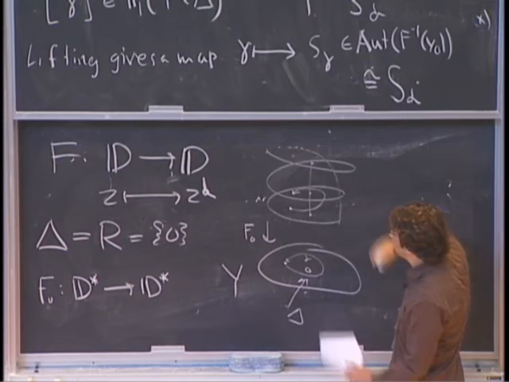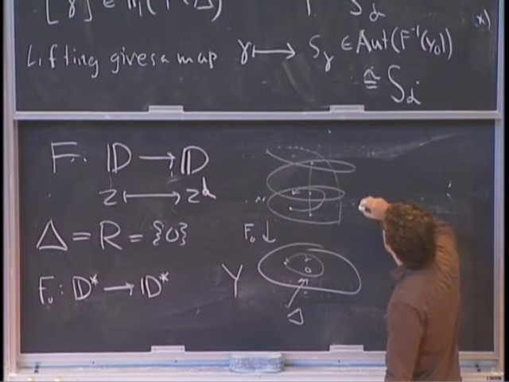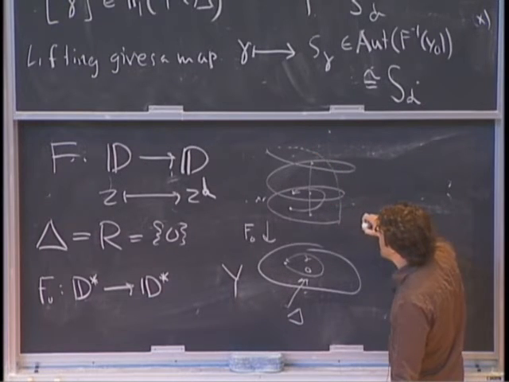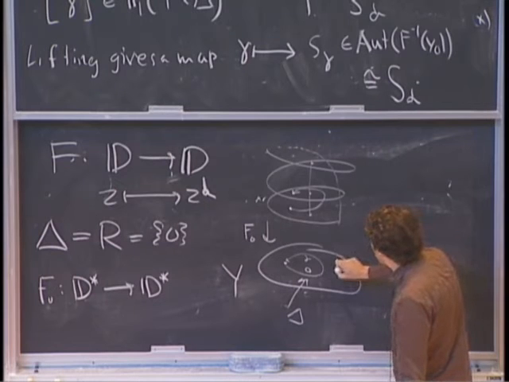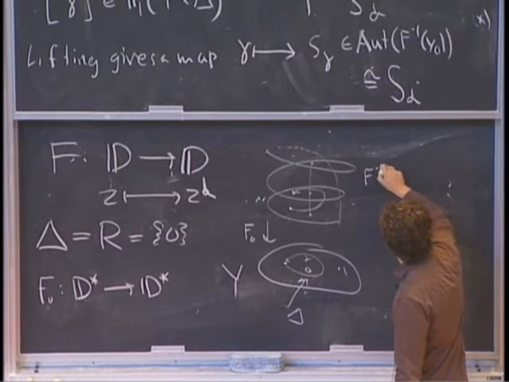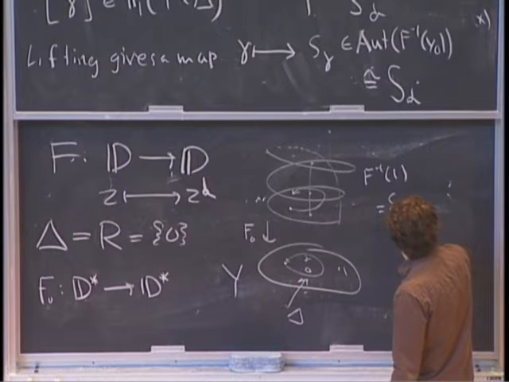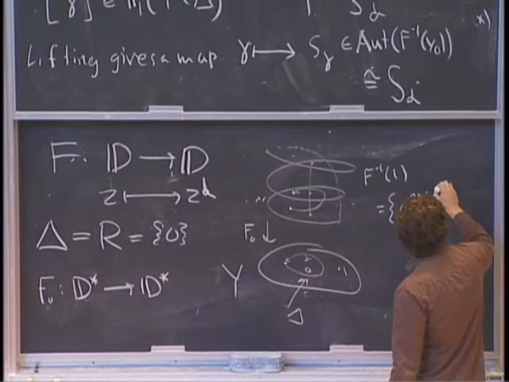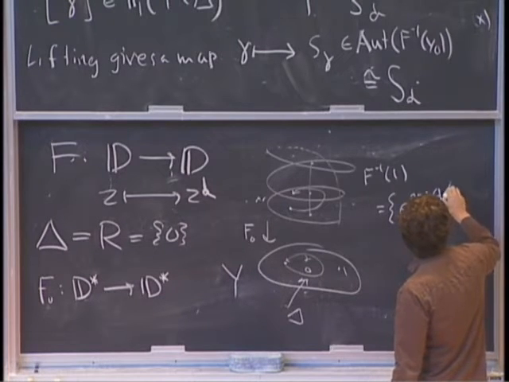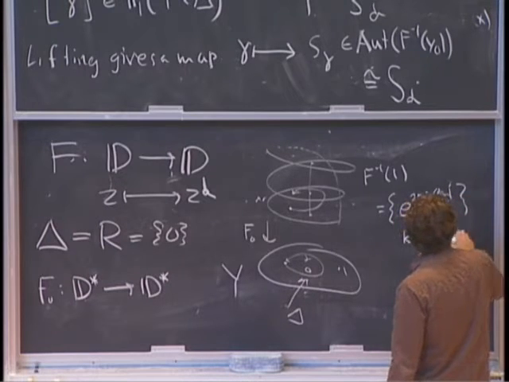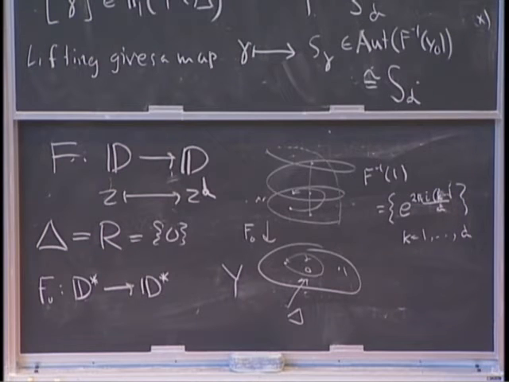If we identify the preimage of a point, let's just take 1, say, and then we let the preimage of 1 be equal to e to the 2 pi i over d, say, times k minus 1, where now k is equal to 1 up to d, right? So we're taking the kth root and we're looking at this ordering.